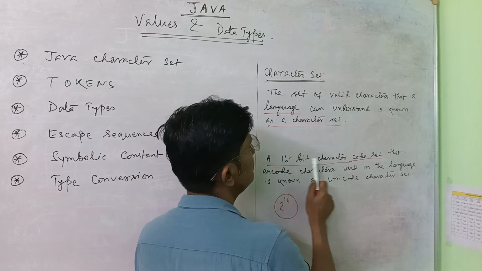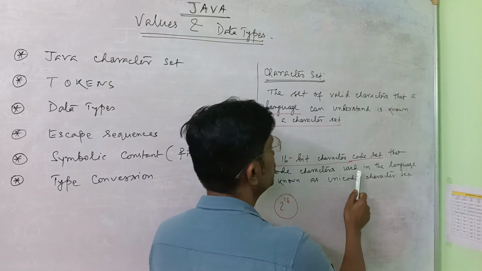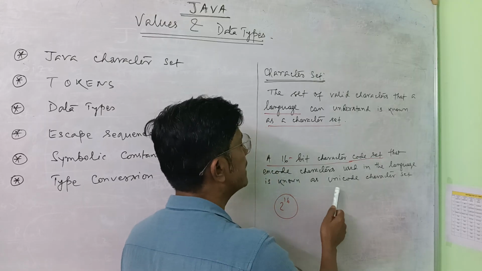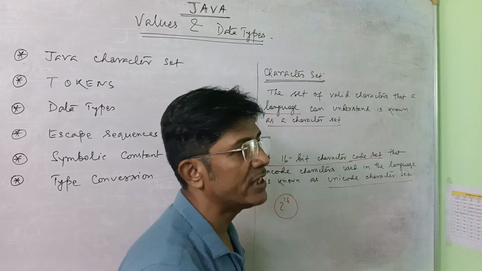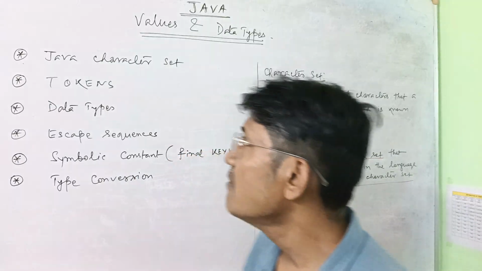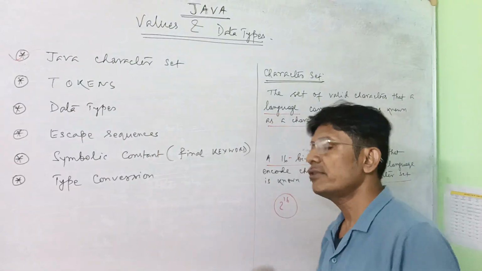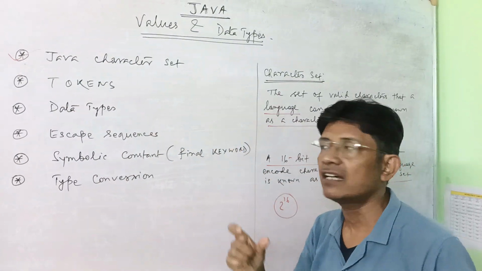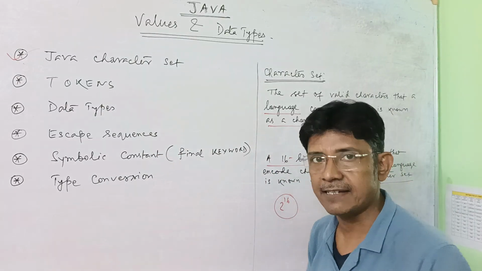A 16-bit character code set that encodes the characters used in the language is known as the Unicode character set. So this is the Unicode character set we are going to apply in Java. This is the first topic we have to understand. Definitely you must read the book to get the contents and details. So only this much concept I am giving about the Java character set.